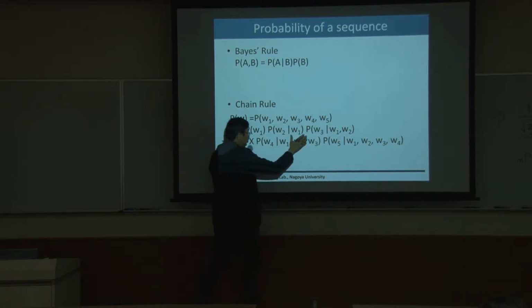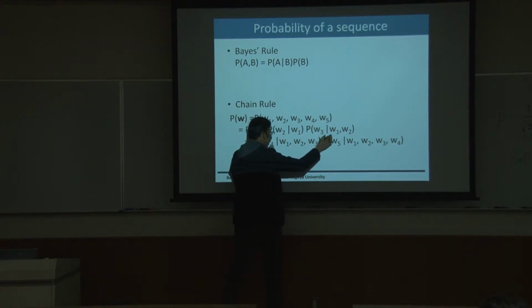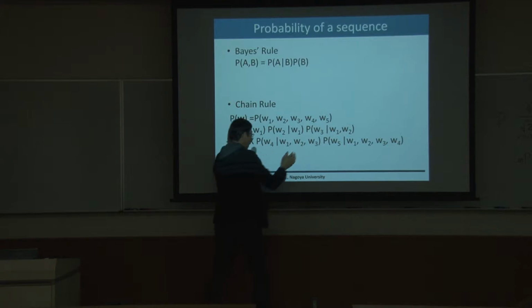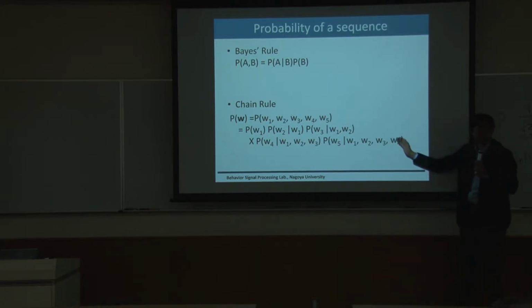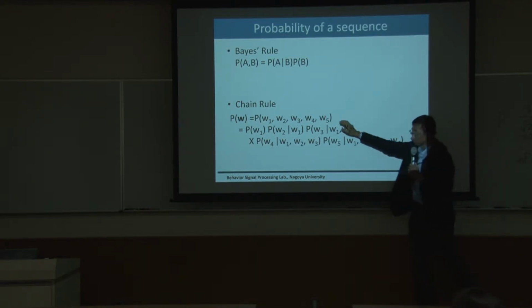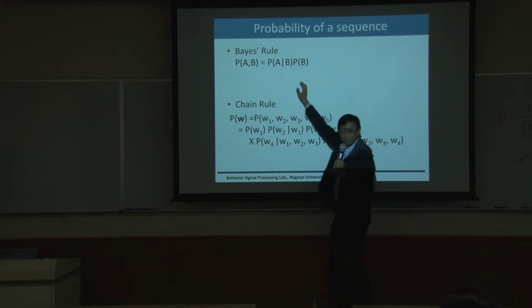And then you can multiply W3 given W1 and W2. Then you get a third term, and then W4 given W1, 2, 3, and W5 given W1, 2, 3, 4, which naturally gives you this product based on the Bayesian rule.